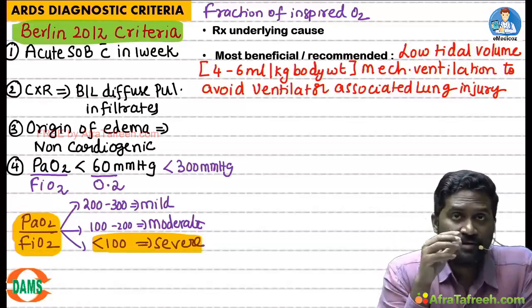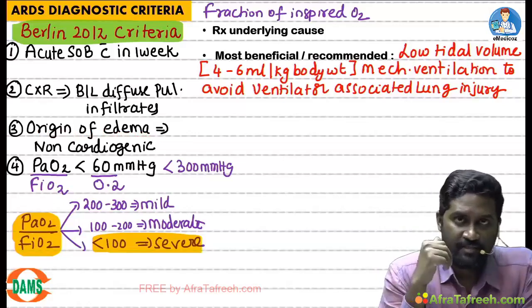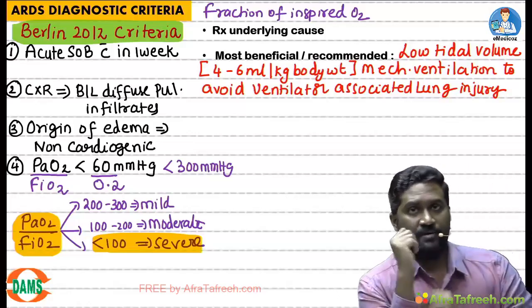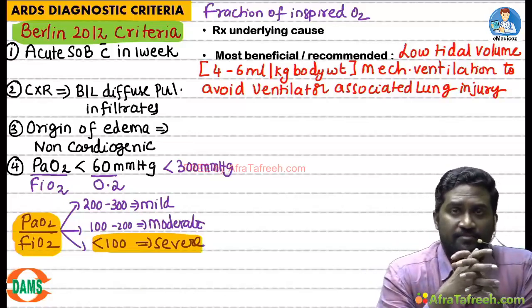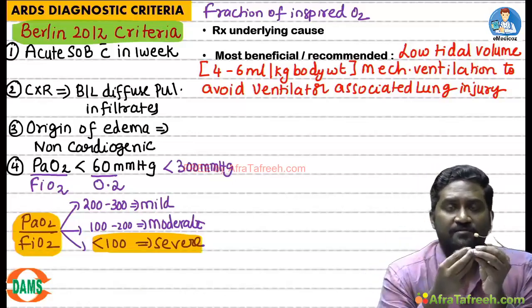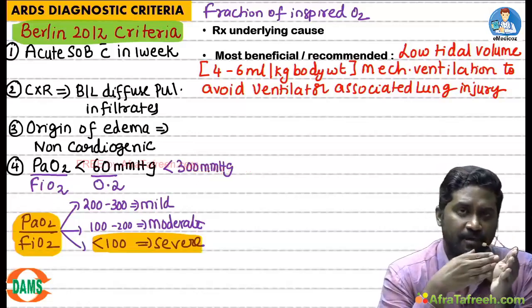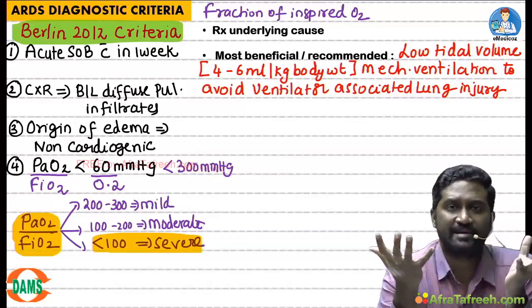Initially, in the early 1970s and 80s, when they identified ARDS, they were giving routine tidal volumes. Majority of studies have shown that ARDS lungs were very sensitive. When we give routine tidal volumes, the lungs were getting damaged.